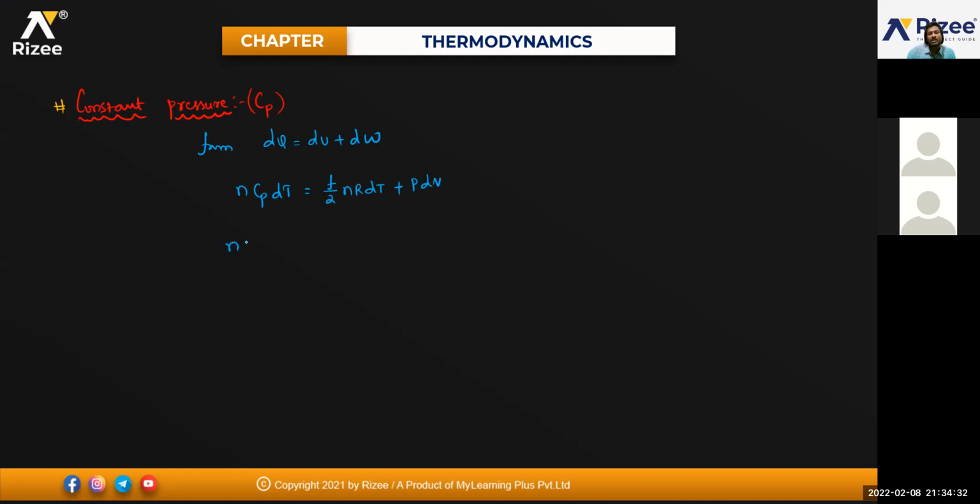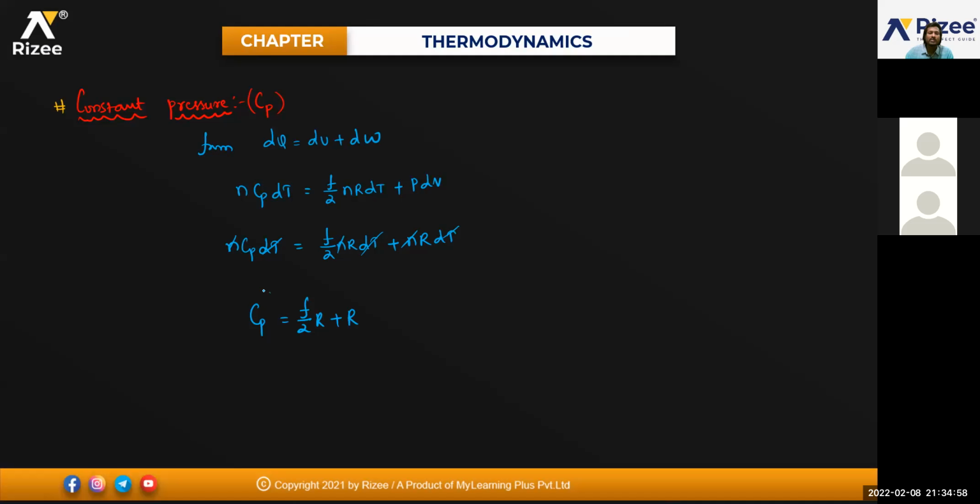So N Cp dT will be equal to F by 2 nR dT, plus from the ideal gas equation, P dV can be written as nR dT. This dT and this dT will get cancelled. Number of moles will also get cancelled.